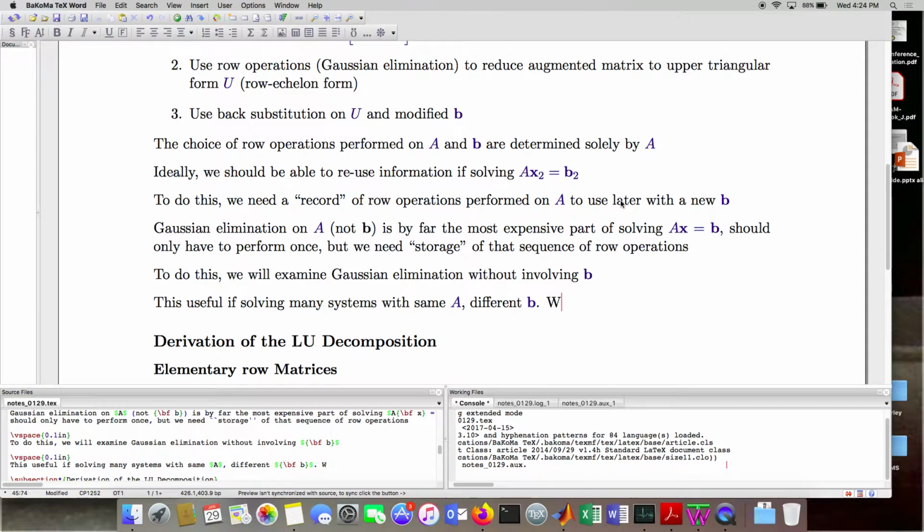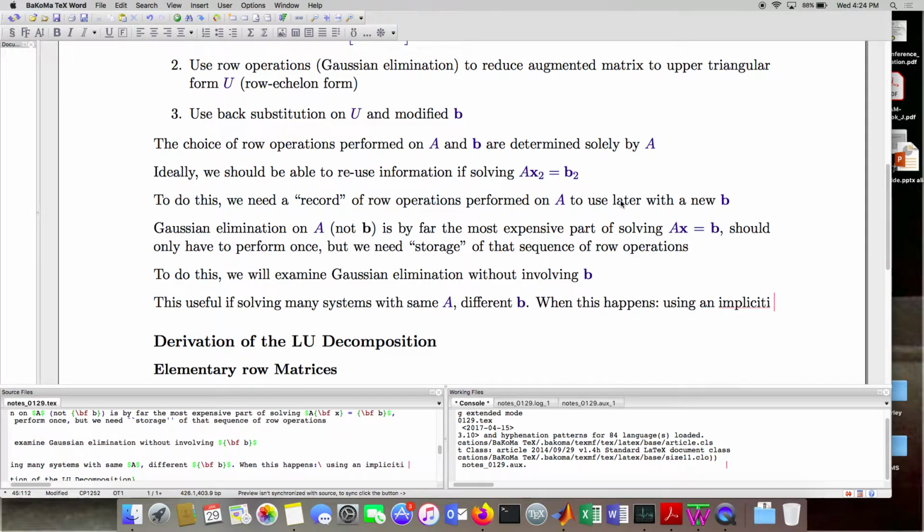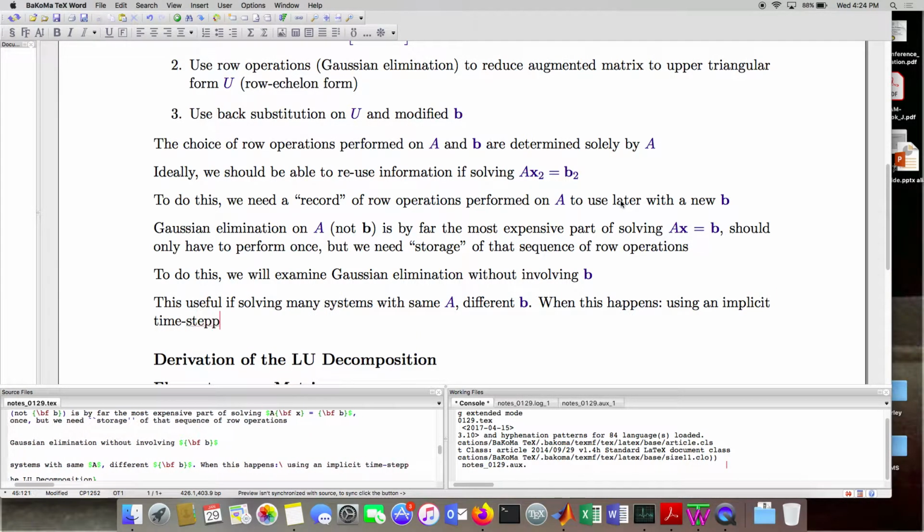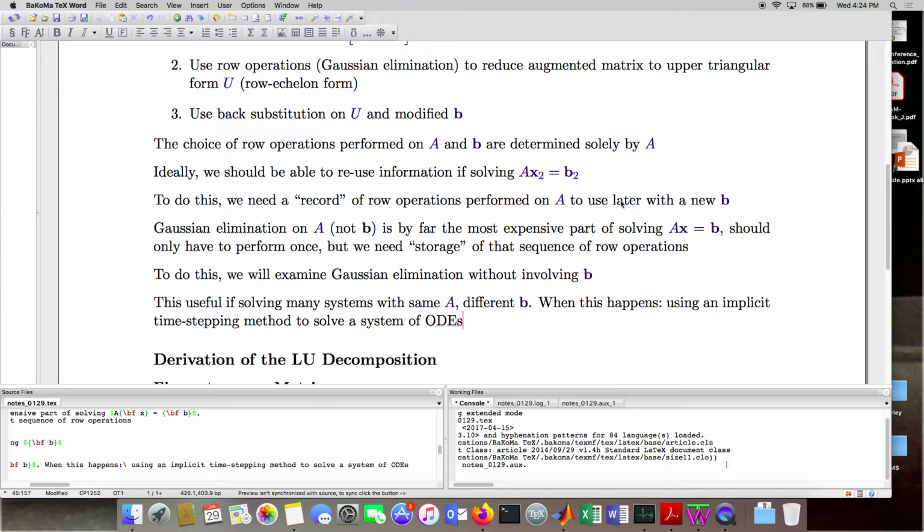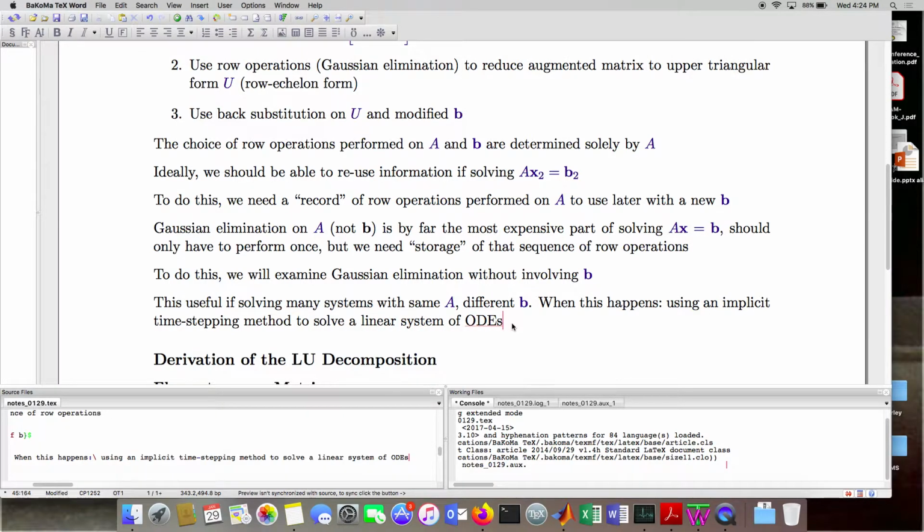So when this happens, and I don't want to get too much into the details here, but it's something that we will see later in the semester: using an implicit time-stepping method to solve a linear system of ODEs with a time-independent Jacobian matrix.